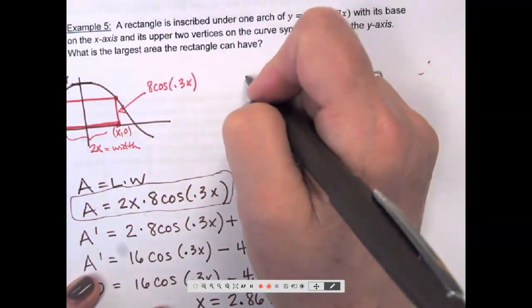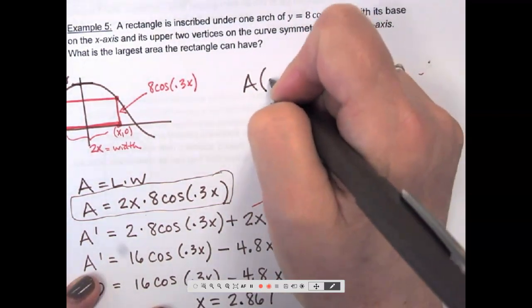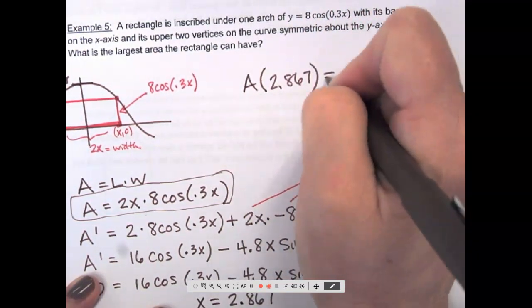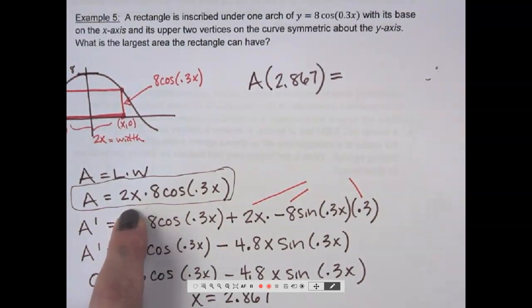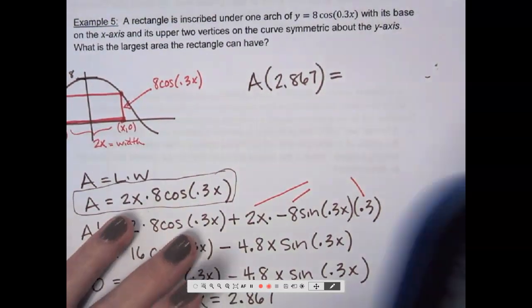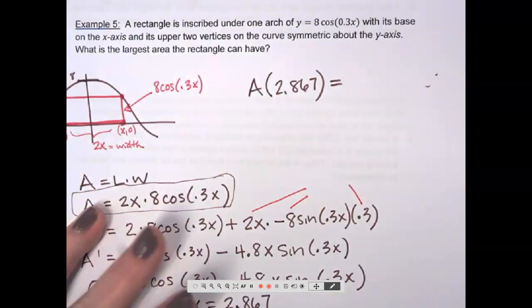So my area evaluated at 2.867 will be... What'd y'all get? 29.95. Okay, 29.925.